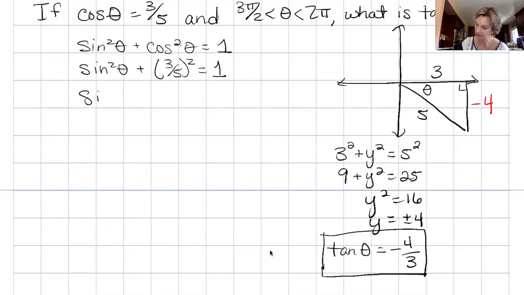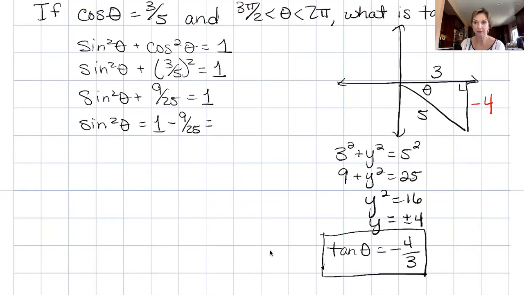So that's going to be sine squared plus 9/25. Move that to the other side. That would be 25/25 minus 9/25, or 16/25. Take the square root of both sides, you get plus or minus 4/5.